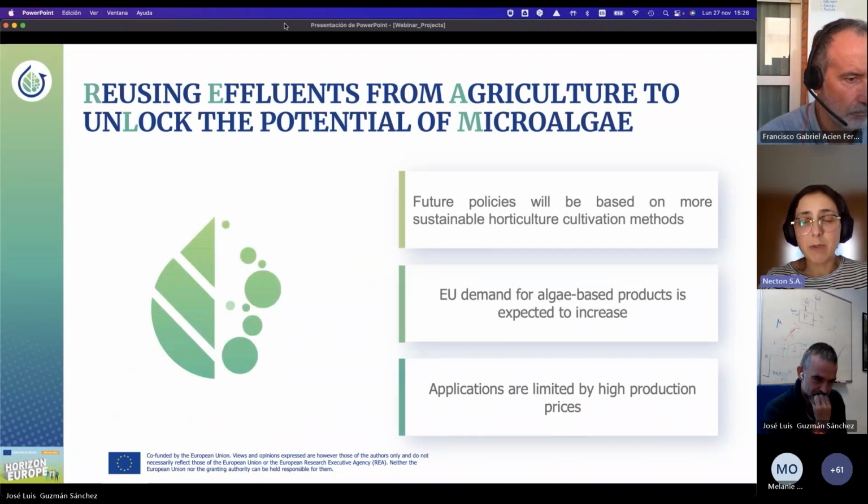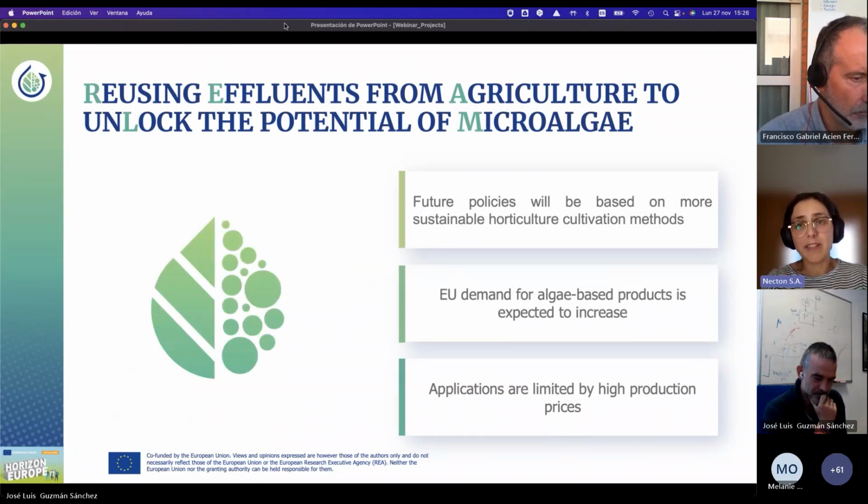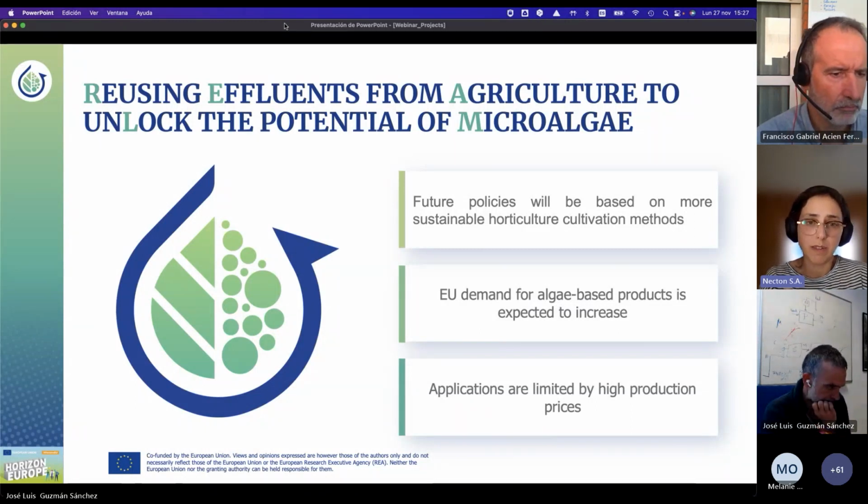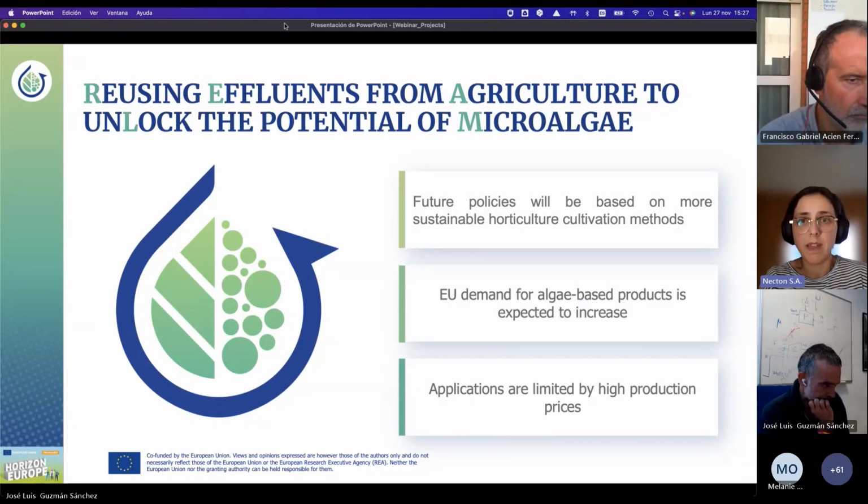So as we already saw, microalgae are versatile organisms, and with this in mind, we also need to take into account that future policies will promote more sustainable production of several resources, and that the demand for algae-based products is expected to increase, especially in the EU. And introducing algae in the pipeline of different processes, such as horticulture, can bring several benefits.